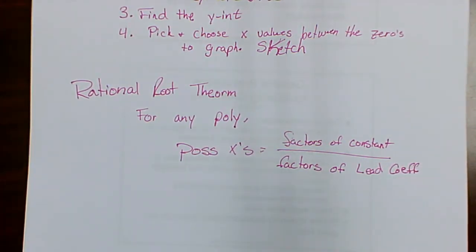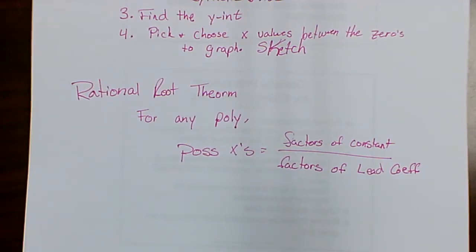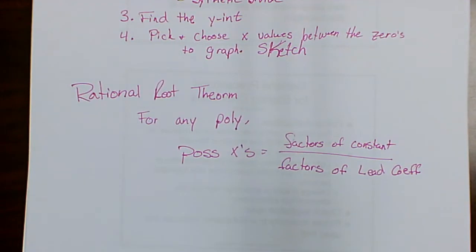Then you're going to pick and choose from that list. So before we find the possible x's, the number of possible x's is infinite.